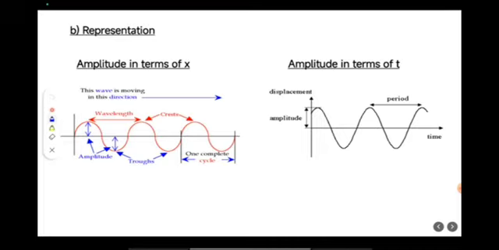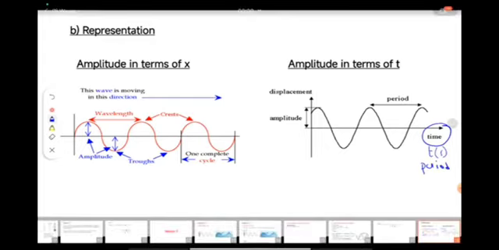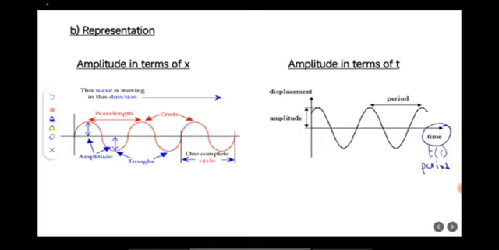Either it's time, t in seconds, which will help us to calculate the period, or the same x-axis in another graph, suppose this one in here, must be x in centimeter, let's say, and this will help us to calculate the wavelength. If we have the representation as x in centimeter, it will help us calculate the wavelength. And if we have it as t in seconds or time, it will help us to calculate the period.